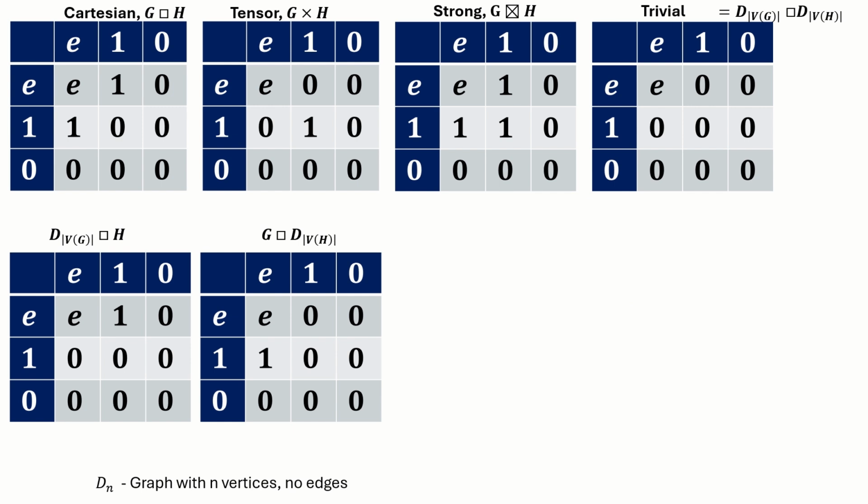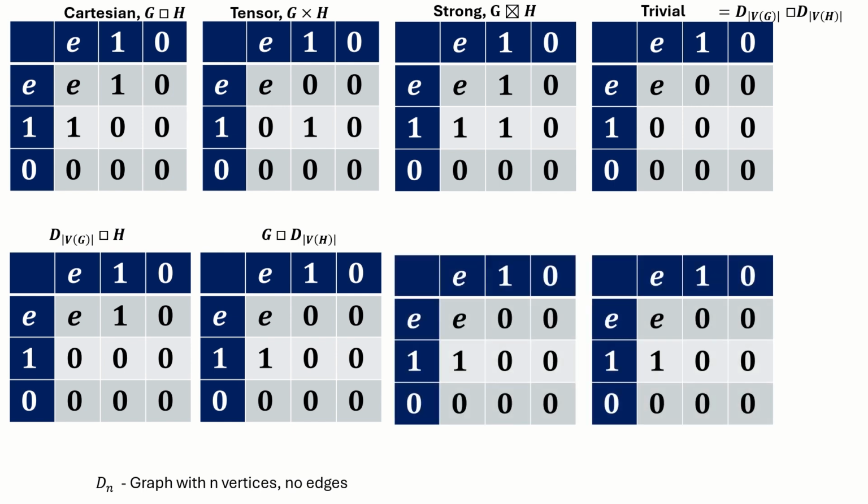That is, they're just a disjoint union of copies of one of the factor graphs. This can be expressed more concisely as the Cartesian product of one of the factor graphs with the graph with no edges on the same number of vertices as the other factor graph. Here, we'll denote the graph with n vertices and no edges by d sub n.